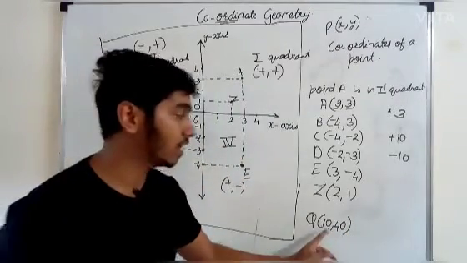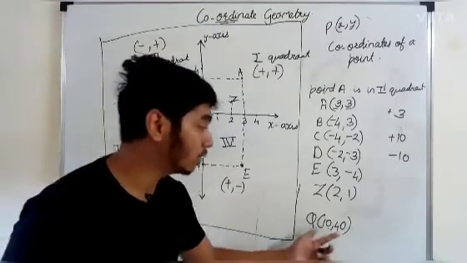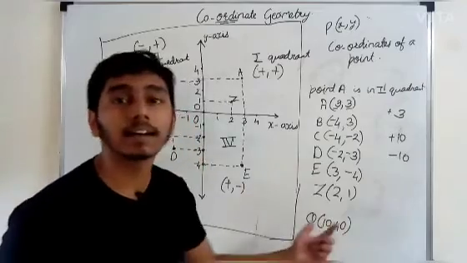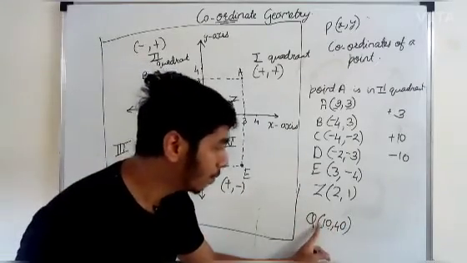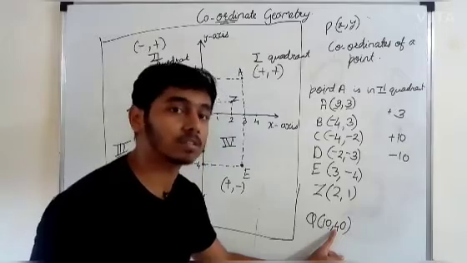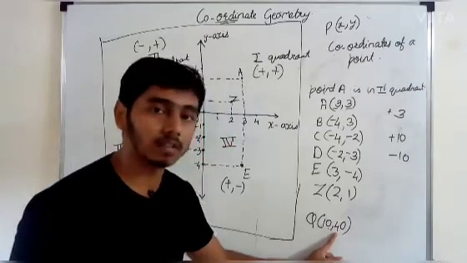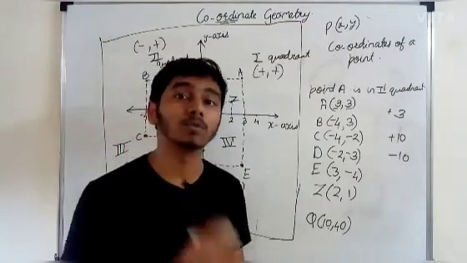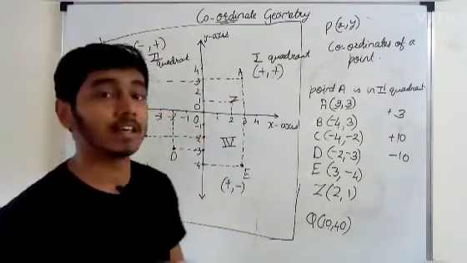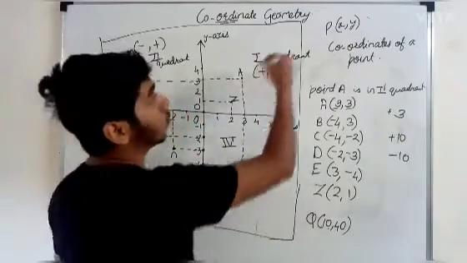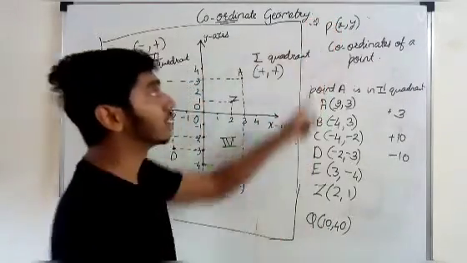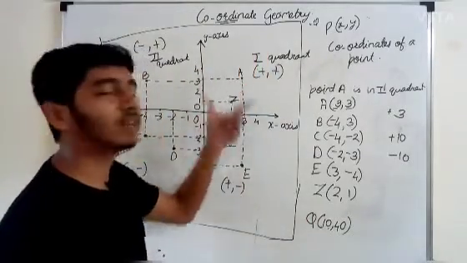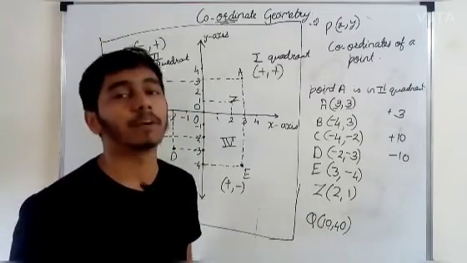If the question says in which quadrant does this point lie, by looking at it directly you can say that both the x coordinate and y coordinate are positive. If both coordinates are positive, it lies in the first quadrant. That's how you come to know. So this is the basis. You can try to locate Q somewhere here in the first quadrant, and you'll be able to easily find the point Q.